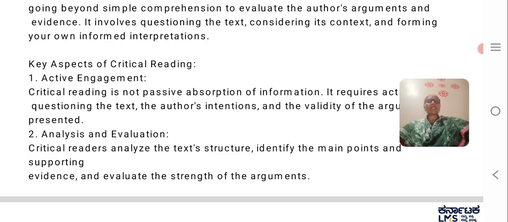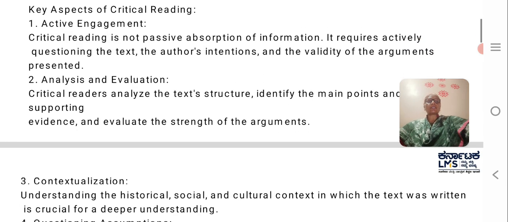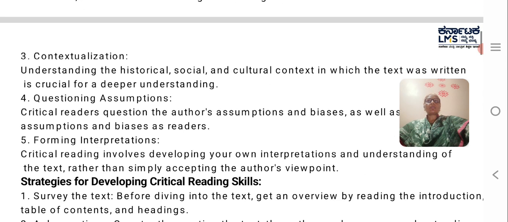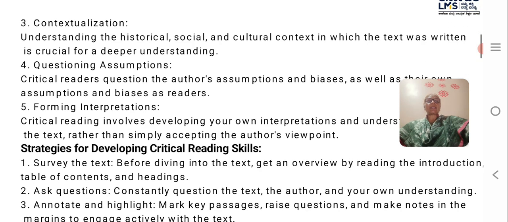It's about engaging with the text on a deeper level. So it also includes evaluating the author's purpose, the author's biases, identifying the target audience, assessing the evidence presented, and considering any alternative interpretations if there are any.